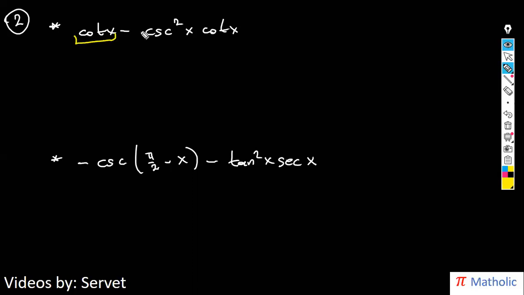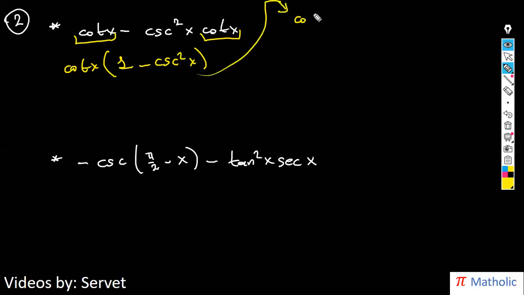So here, as you can see, cotangent is common. Let's take out of the bracket and write what is left. 1 minus cosecant squared. So what is 1 minus cosecant squared? Let's remember, cotangent squared plus 1 equals cosecant squared x.